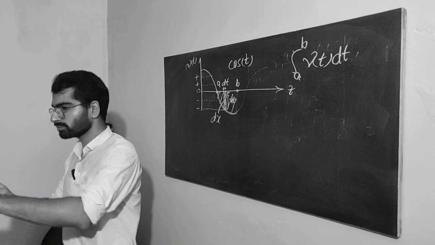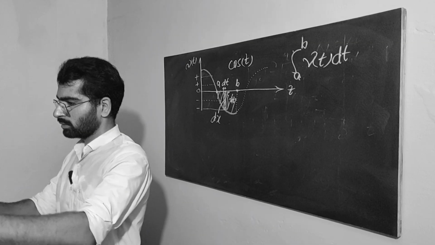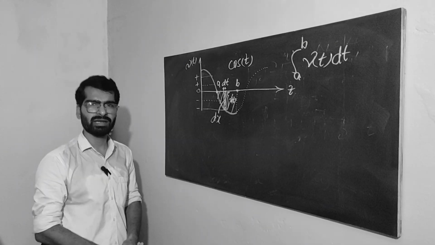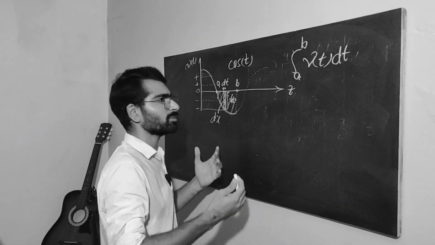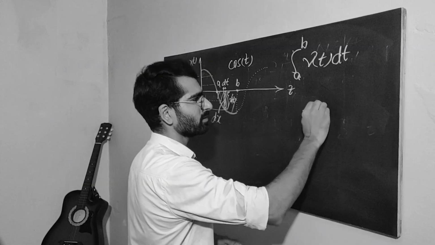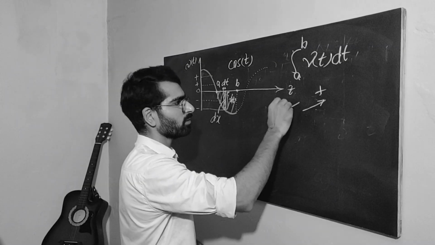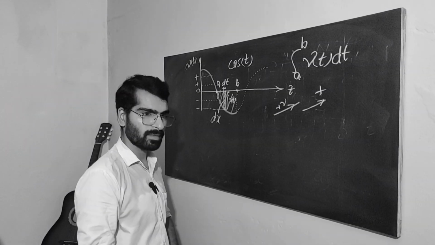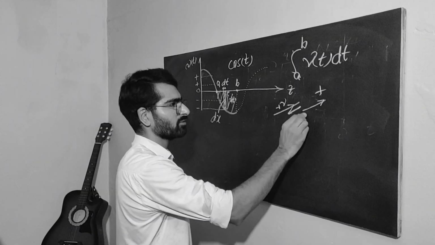And so, by the way, what is the meaning of having negative velocity? If we call this direction positive, then if you move in the same direction, we say you have positive velocity. But if you move backwards, we say you have negative velocity.